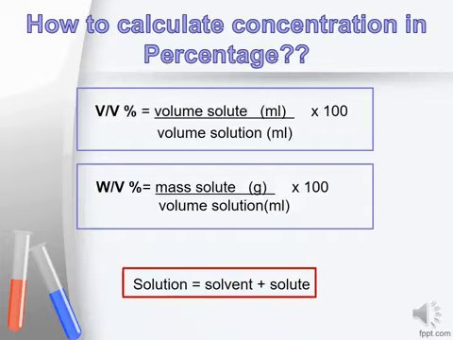And for weight per volume, the solute is mass, so it is the mass of solute in grams divided by the volume of solution in milliliter, multiplying by 100.